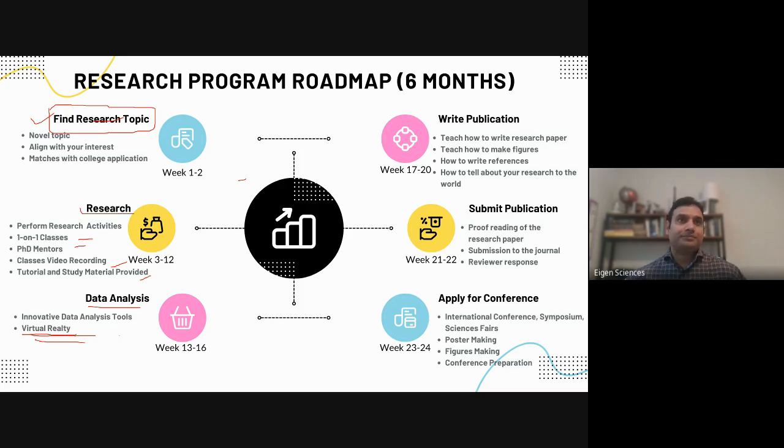Virtual reality, including artificial intelligence, in conducting this kind of research is a bit of a different ball game. It's the new future of research which we have introduced recently. Then we will write the publication.